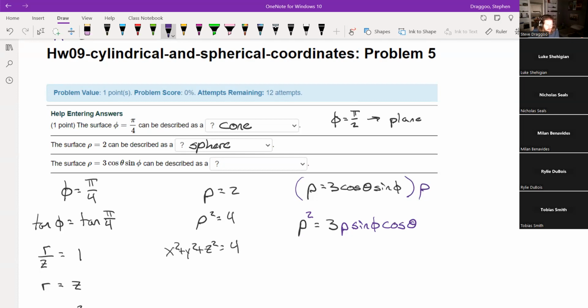Sine phi, getting us to that opposite side, gets us r, effectively, the r that we use in cylindrical coordinates, just the distance from the z-axis. And then if I get r cosine theta, that thing is x. So rho sine phi cosine theta is just x. So that whole thing over there on the right, 3 rho sine phi cosine theta, is just 3x.